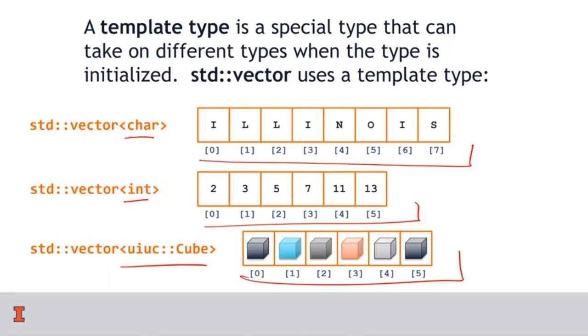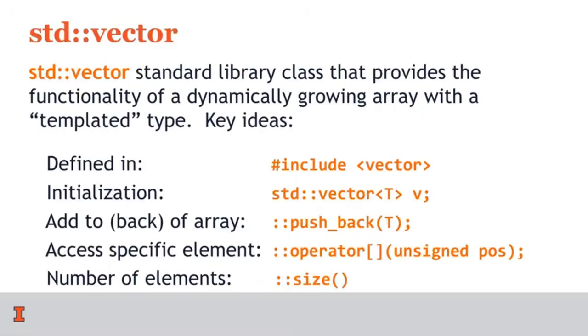standard library called the vector. The standard vector, or std::vector, is part of the standard template library we discussed earlier, and it provides the functionality of a dynamically growing array with a templated type. So there's 5 key ideas of how we're going to use this vector. The first is we're going to include the vector in our program by using #include <vector>, and that's going to add the ability for us to use the standard vector in that source code file.